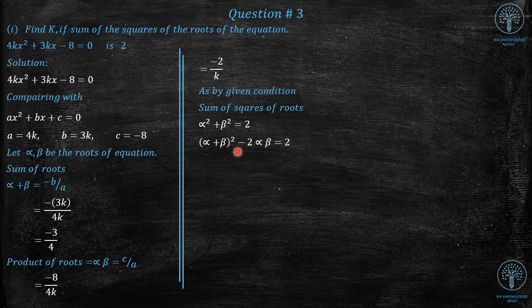As you can see, this is the formula a square plus 2ab plus b square. Then the positive term 2 alpha beta will cancel out with the minus 2 alpha beta, and in return you will get alpha square plus beta square. Then it proves that we can write alpha square plus beta square is equal to alpha plus beta whole square minus 2 alpha beta.